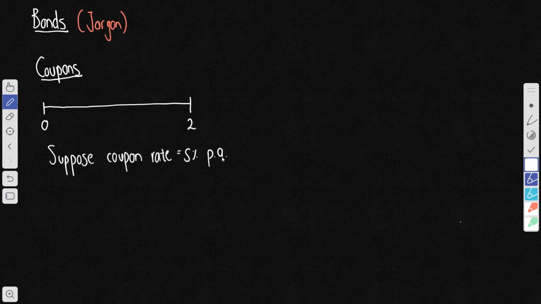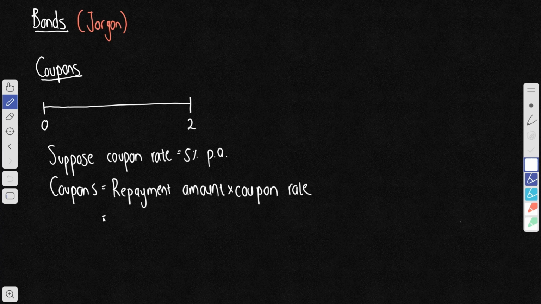Suppose that the bond we have in this example pays coupons at a rate of 5% per year. This means that the bond will pay coupons equal to the repayment amount times the coupon rate, or $1,210. Remember, that was the redemption amount that was specified by the bond, multiplied by the coupon rate of 5%, or $60.50.